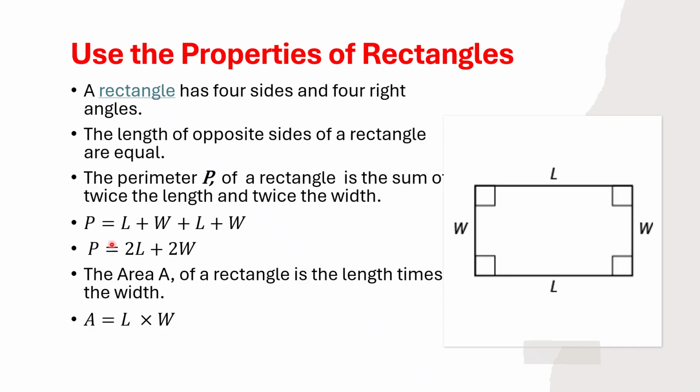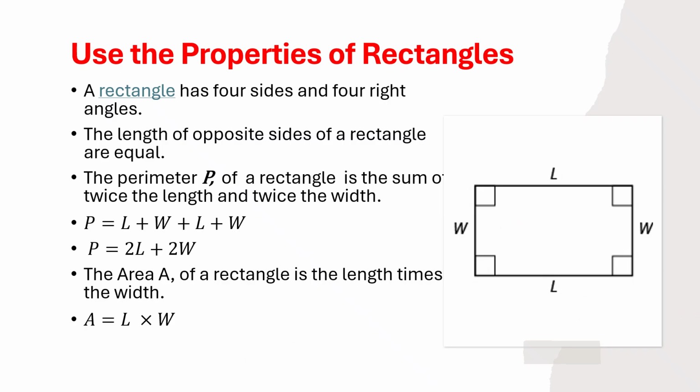So that is the perimeter of a rectangle. And the area A of a rectangle is the length times the width. You just multiply this measure here and this measure. So the product of the length and the width, that is the area of this rectangle.